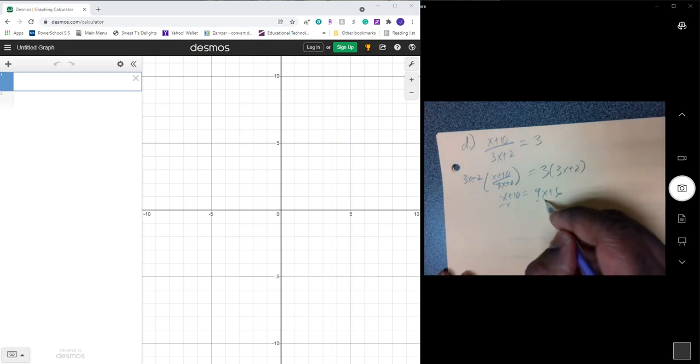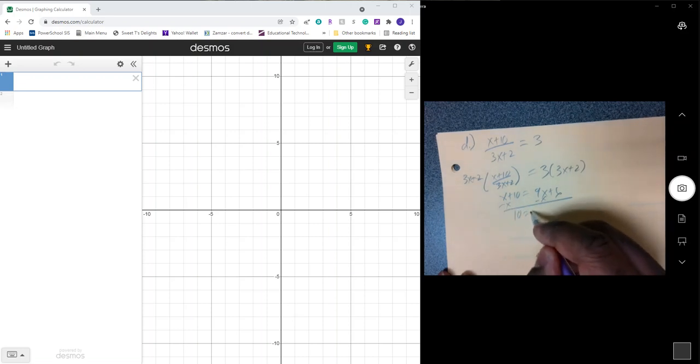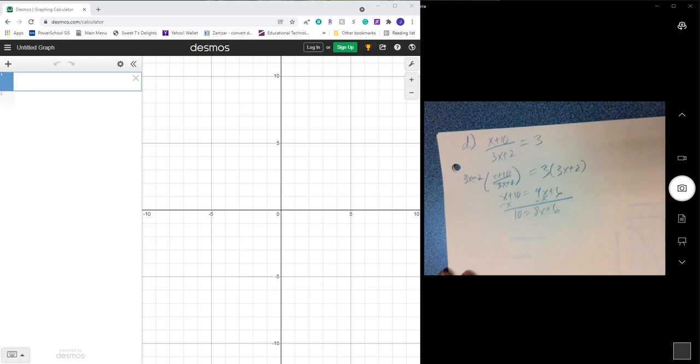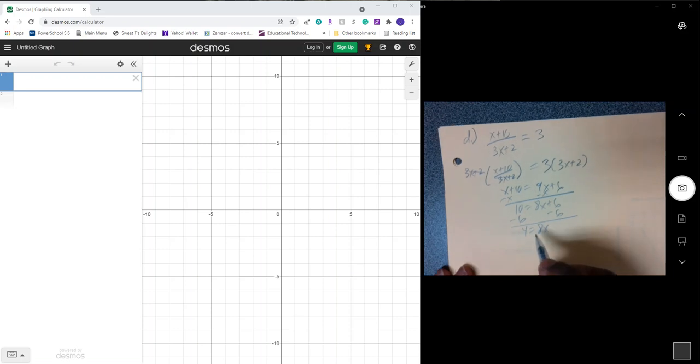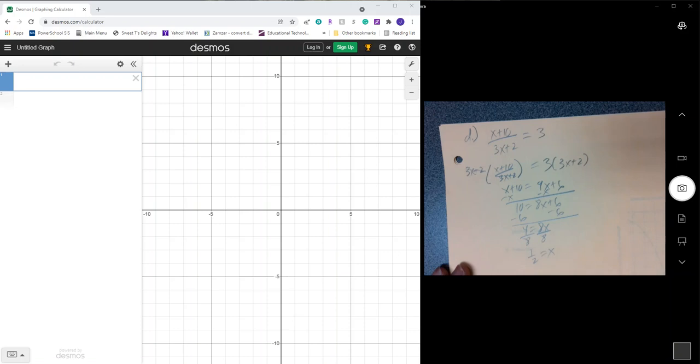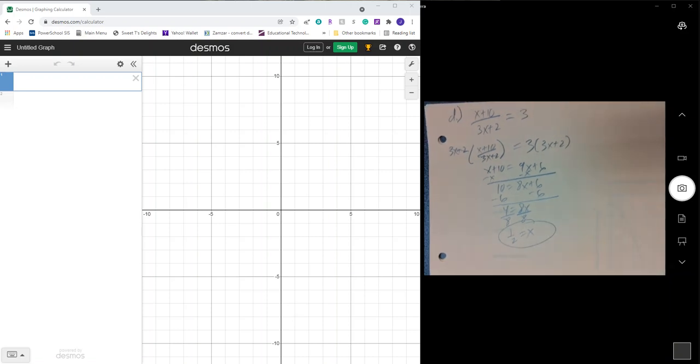So you can subtract x on both sides, and 10 is equal to 8x plus 6. Subtract 6 on both sides, and 4 is equal to 8x. We'll divide each side by 8, and that'll be 1/2 is equal to x. And that will be your final answer. Okay, now we move on to problem number 5.